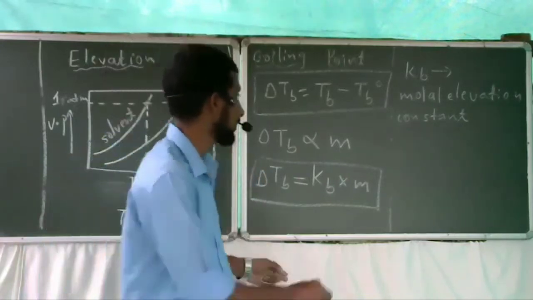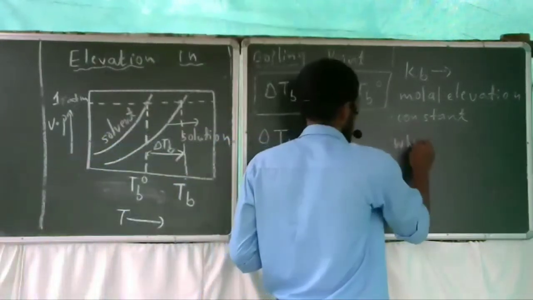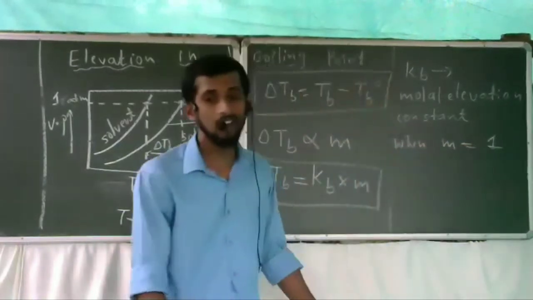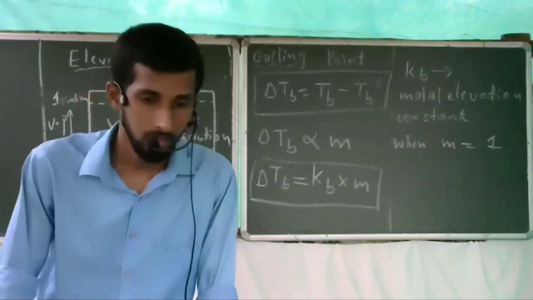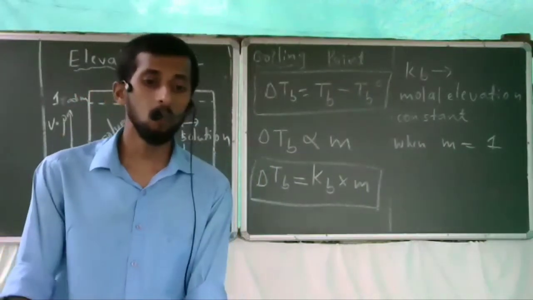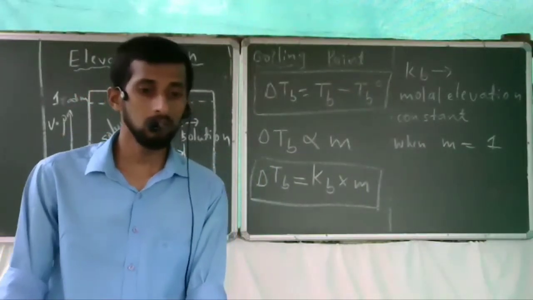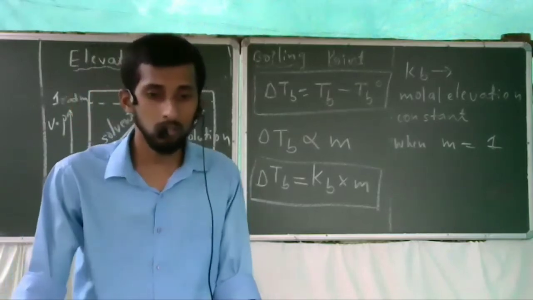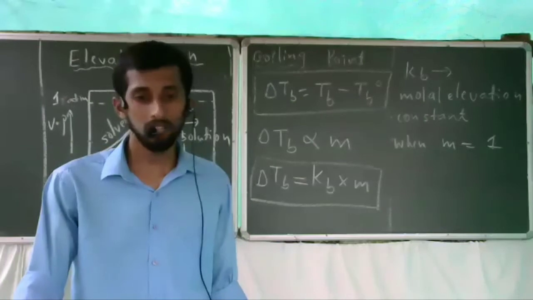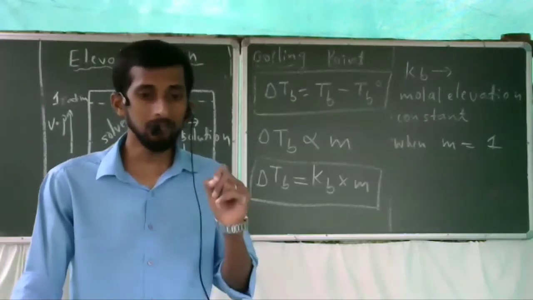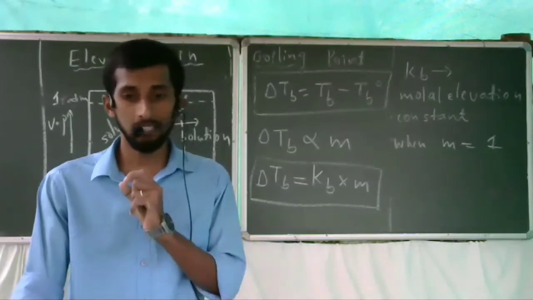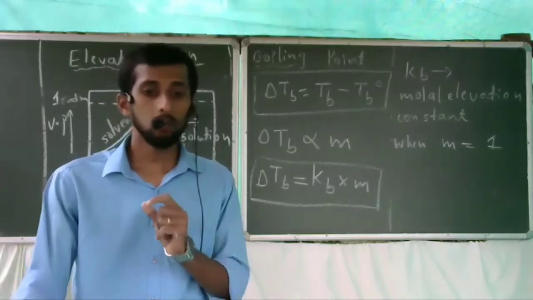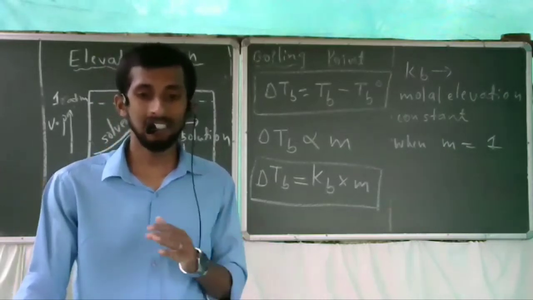Then when m equal to 1, that is you are taking a 1 molal solution. How to prepare a 1 molal solution? You have to take 1 mole of solute in 1 kg of solvent, right? You are taking 1 mole of non-volatile solute, then adding it to 1 kg of solvent.